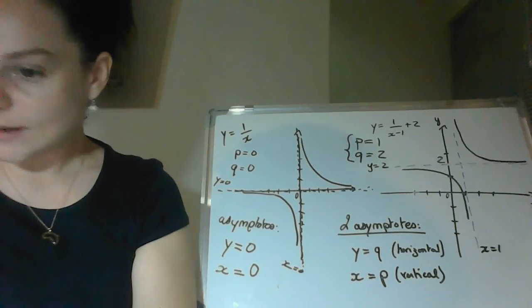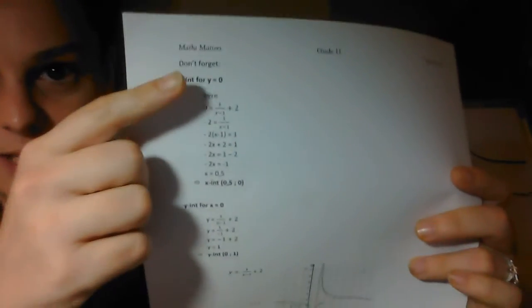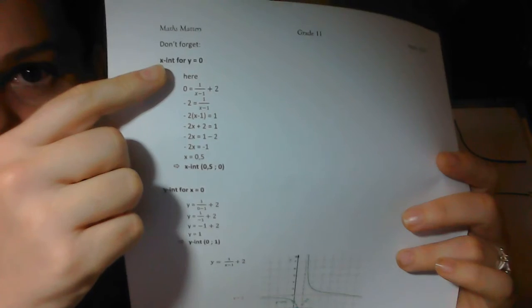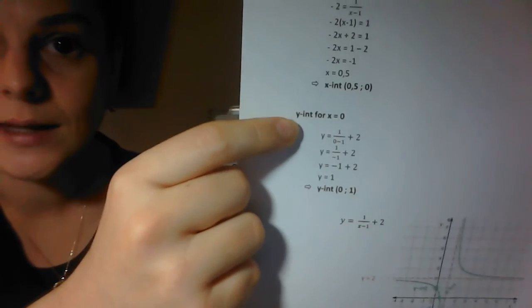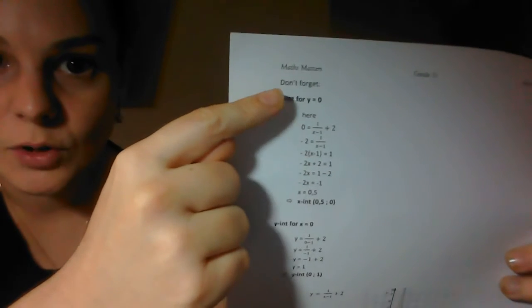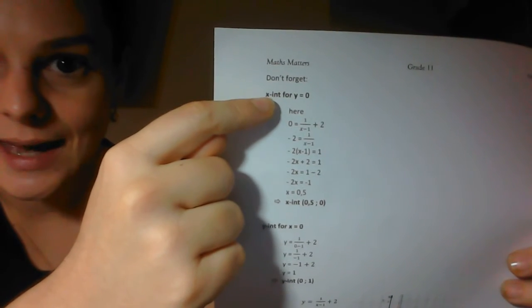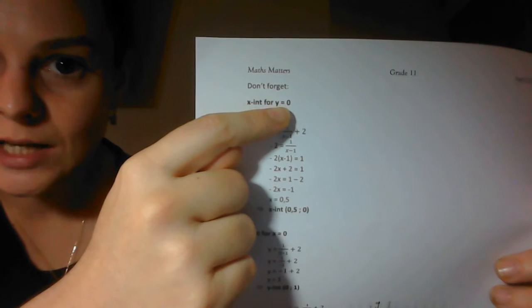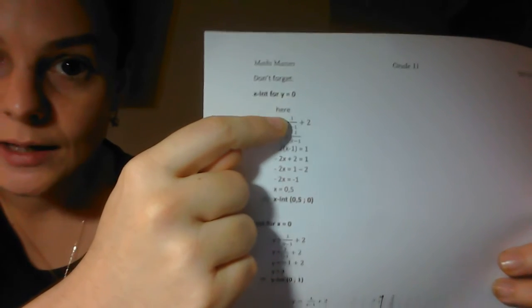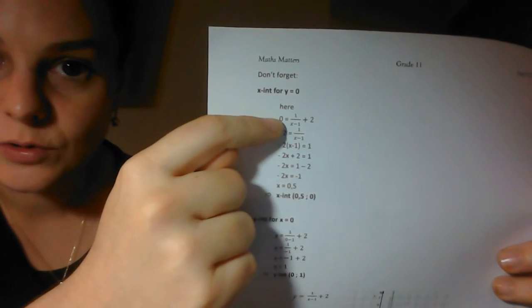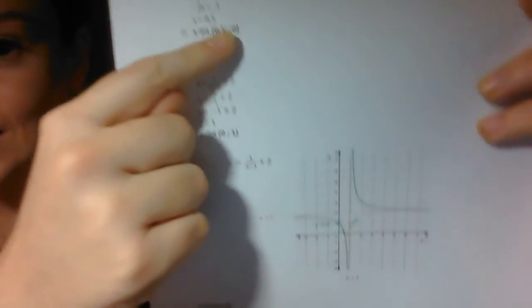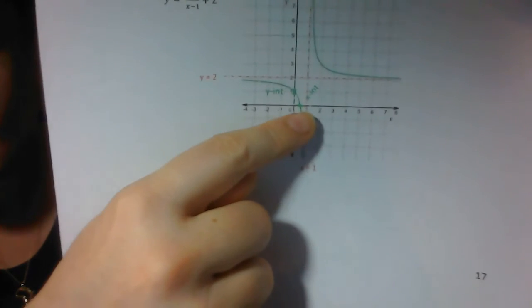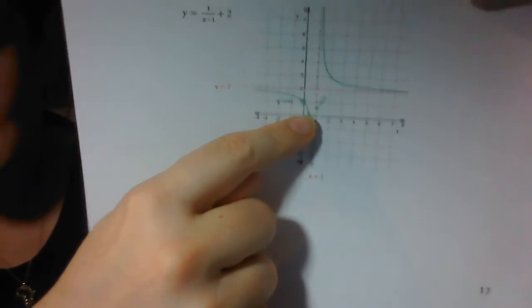Alright, then here we don't forget what we did already previously. Don't forget that you know now how to calculate the x-intercept and the y-intercept. So I rewrote it here for calculating the x-intercept. You change the y equals to 0 and you solve. So you take your equation equal to 0, you solve for x, and you give the coordinates of the x-intercept where it crosses the x-axis.